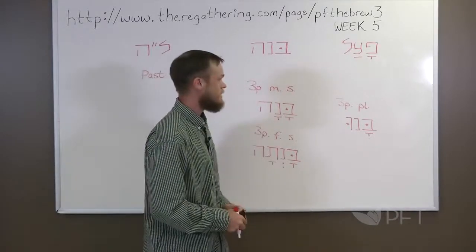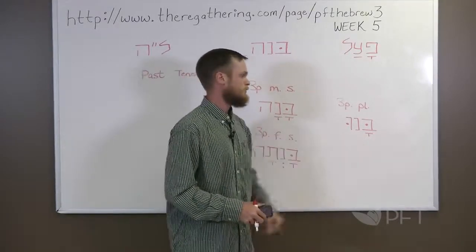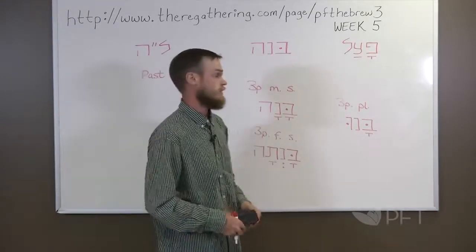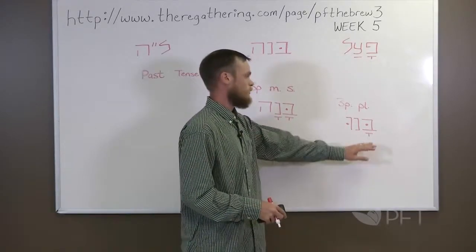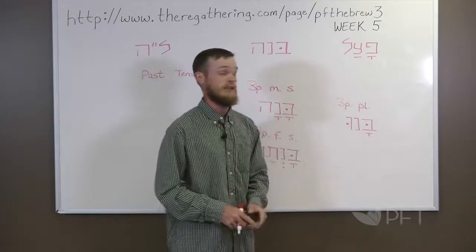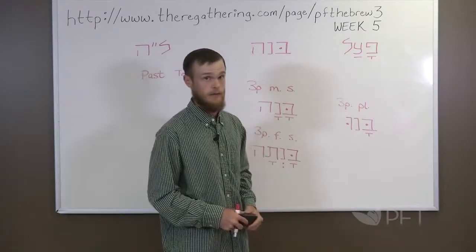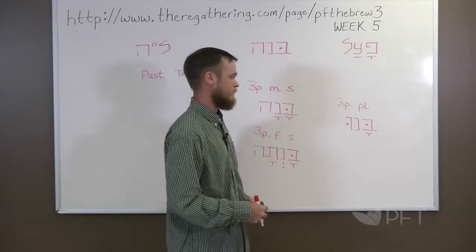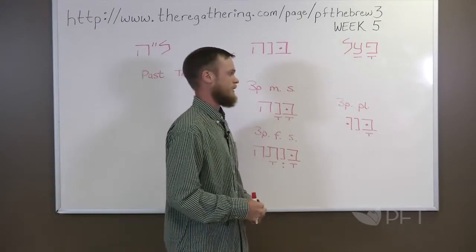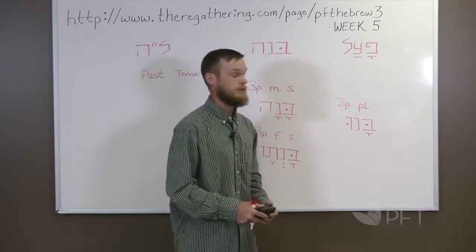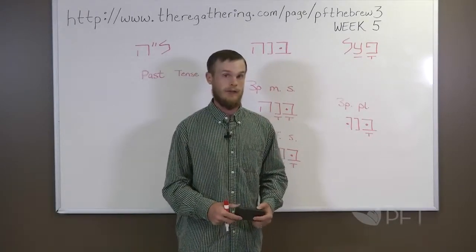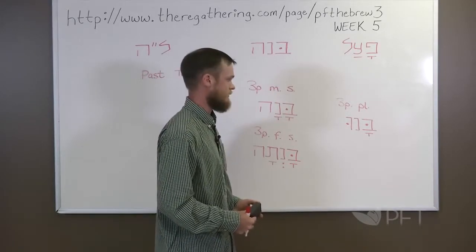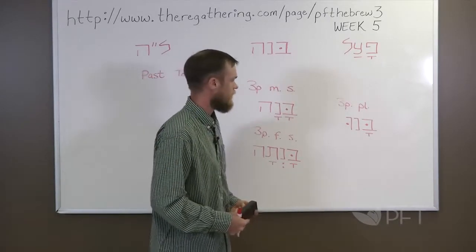So if you see banu, and you're trying to trace back what root this comes from, you've only got two of the original letters left in the word. This makes it a challenge sometimes to identify the roots of words, and that's why these charts are essential for tracing the original definitions of these verbs.